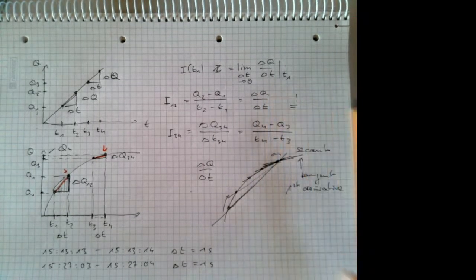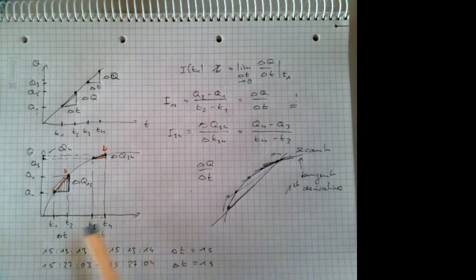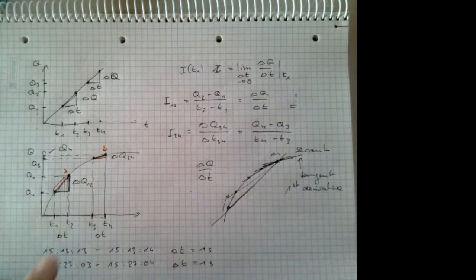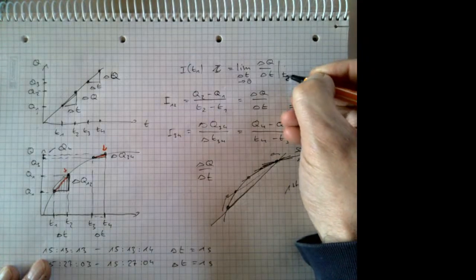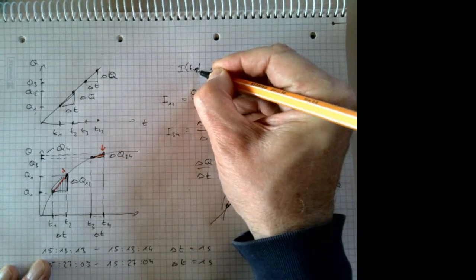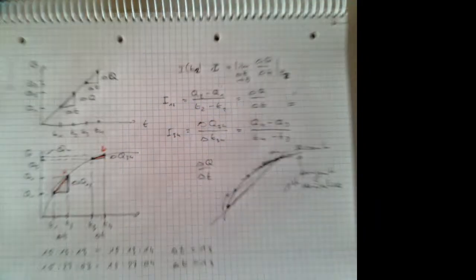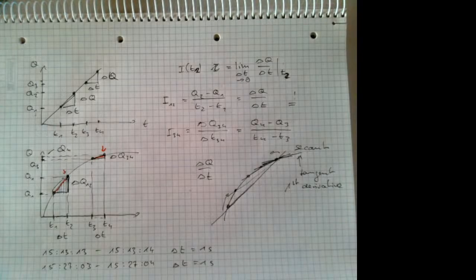What I want to express here is that this is a local property, right? So this is the slope of the tangent you get. And the slope of the tangent depends, of course, on the time, right? So here the slope of the tangent is steep, here the slope of the tangent is flat, which means this is a local property.